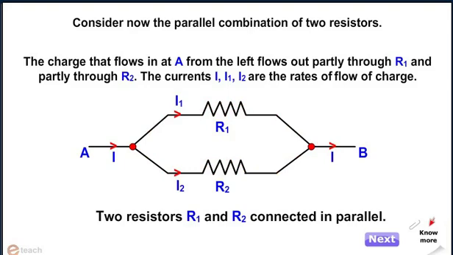The potential difference between A and B is given by Ohm's law applied to R1 as shown. Also, Ohm's law applied to R2 gives the following result. Therefore, finally I equals I1 plus I2, which equals V into 1 by R1 plus 1 by R2.